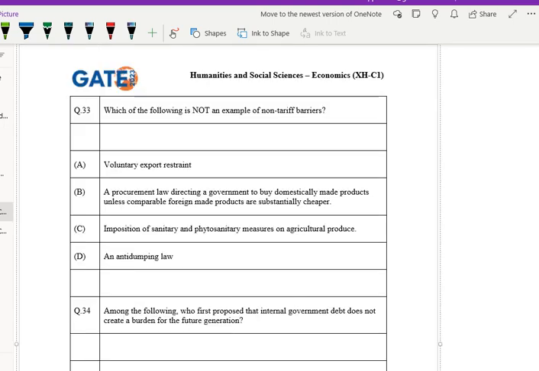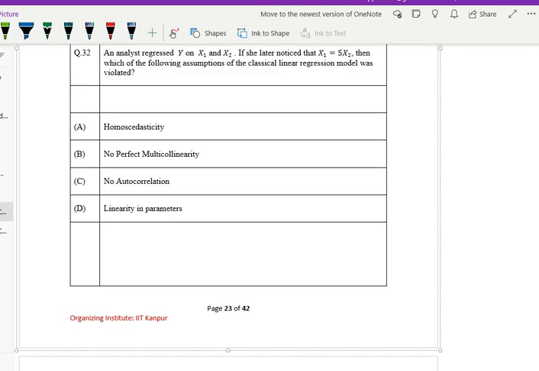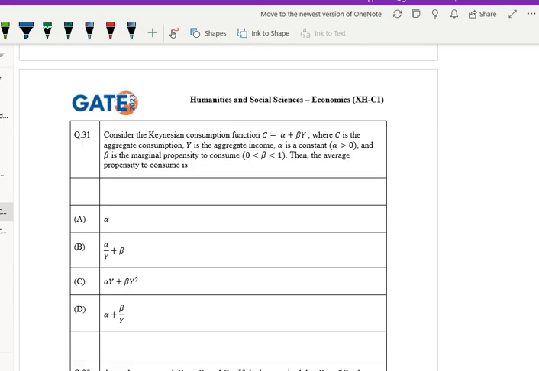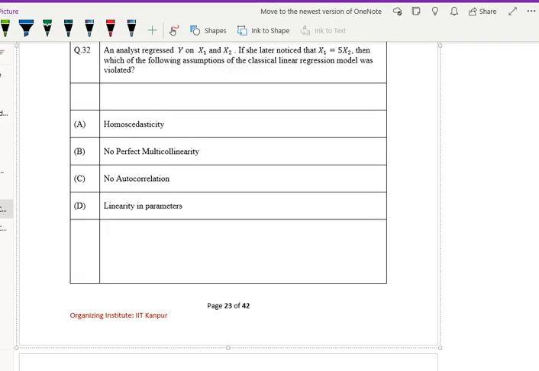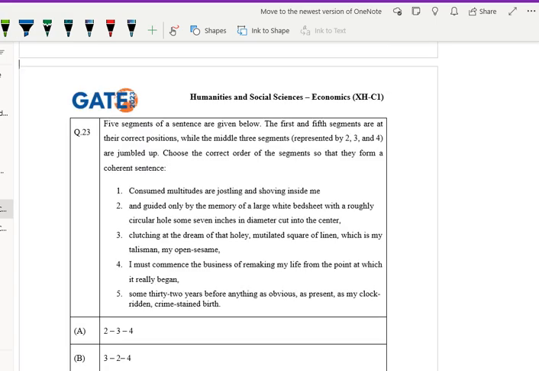Now we have our final question for today. Consider the Keynesian consumption function, with the consumption function being given as C equals alpha plus beta y, where C is the aggregate consumption, Y is the aggregate income and alpha is constant, and beta is the marginal propensity to consume.